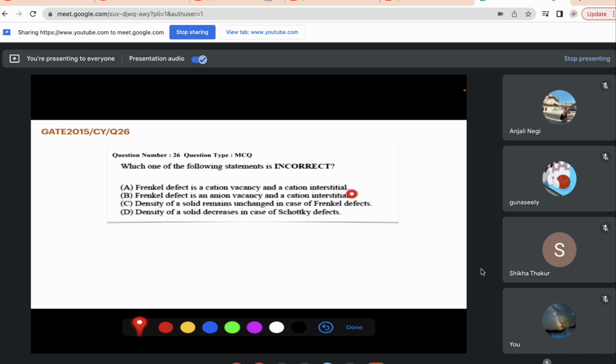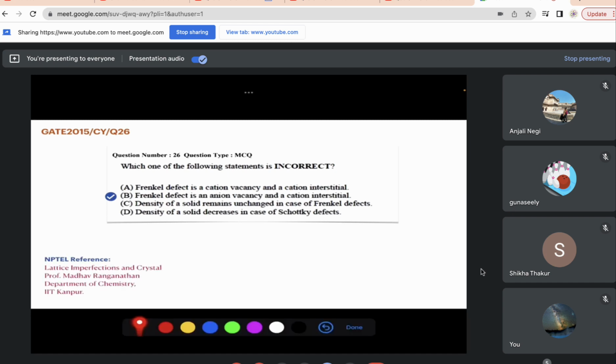Option B, Frenkel defect is an anion vacancy and a cation interstitial, is totally not correct, because the anion has a larger size, and we have discussed that in Frenkel only the cation, of smaller size in comparison to the anion, moves towards the interstitial site. The density of a solid remains unchanged in case of Frenkel defect. This is correct. Density of solid decreases in case of Schottky defect. This is also correct. So the incorrect option is B.